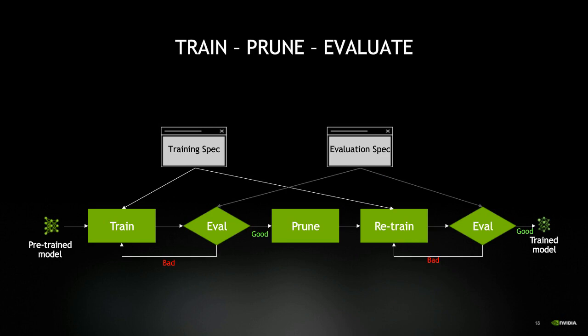Now that you have prepared your dataset, the next step is to use it for training. In the TLT workflow, start by downloading a pre-trained model that you want to try. Provide this model along with your dataset to train. Once you do your initial training, the next step is to evaluate on a completely different dataset that your training has never seen.